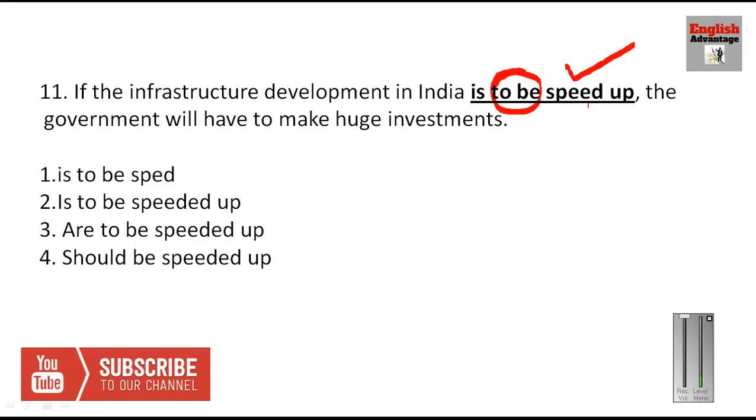The third form of speed up is speeded up. When speed is used as a phrasal verb, the passive voice or the third form of the verb is always speeded up, not sped. So this will be the right sentence: is to be speeded up. This is the third form of speed up, and this second option will be the correct answer here.